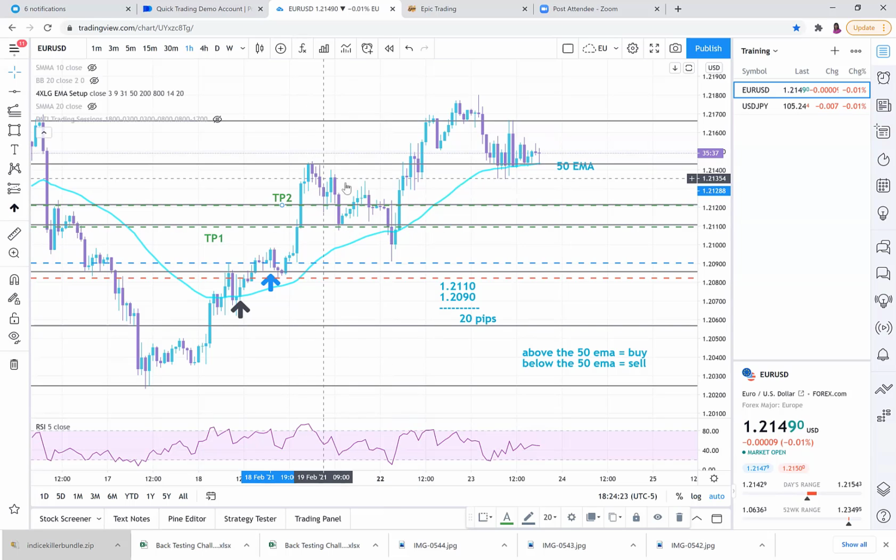If you were still in this trade, hopefully you're moving your stop loss and profit. But once price closes below the 50, that's typically a signal that we want to get out of the buy. Now, in this case, price broke right through and gave us another opportunity. But does everyone see how we can use the 50 EMA for buys and sells?